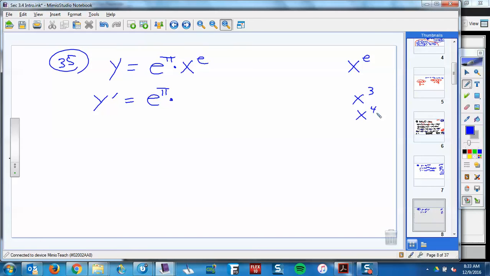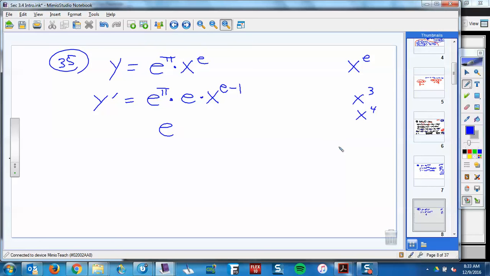So what's the rule for that? Bring the number down and subtract 1. Now, I don't anticipate giving you this one because we don't usually see numbers like that. But if I did, I would think you'd need to put this together, right? What's e to the pi times e?